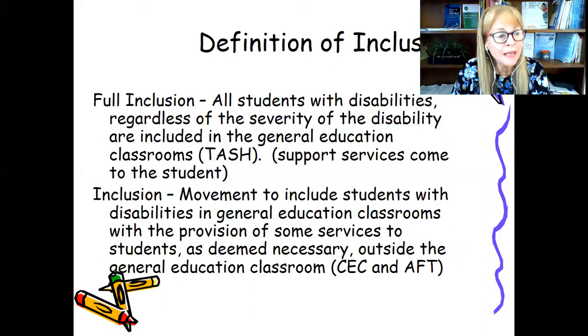What does inclusion mean? As you know, the definition is widely interpreted. When the inclusion movement surfaced in 1990, most students received special education in pull-out settings. The special ed teacher pulled out small groups of students and worked with them in the special ed room. This level of service today is called resource support and still exists.